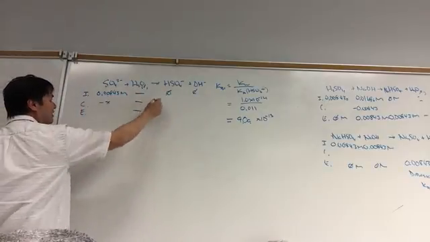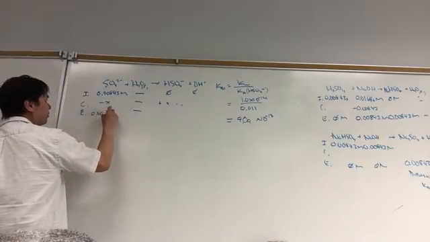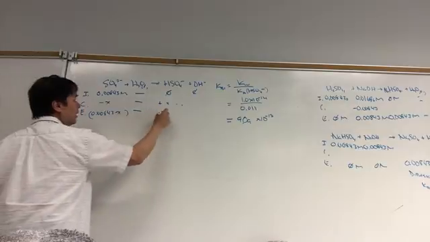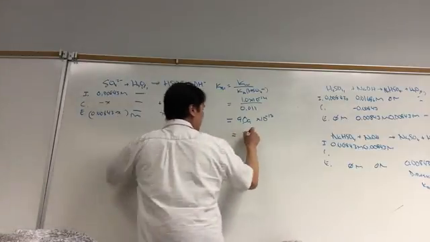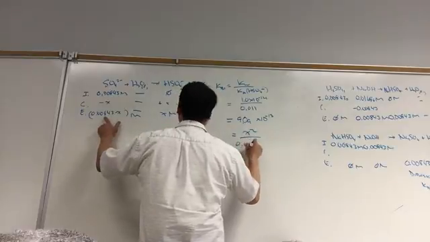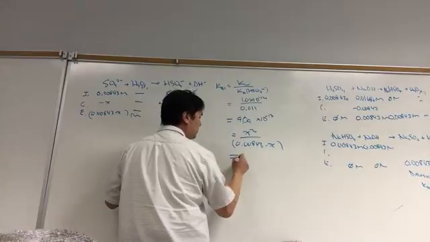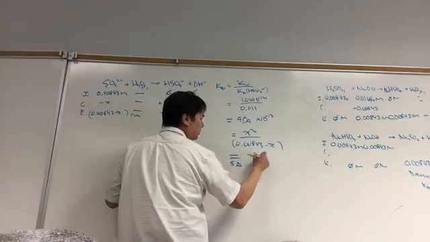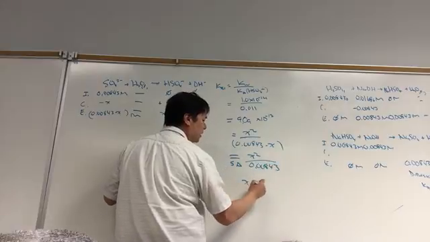So minus x plus x. So 0.00843 minus x, x, and x. Which means this is going to be x squared over 0.00843 minus x. And the simplifying assumption should work, which gives us an x of what?